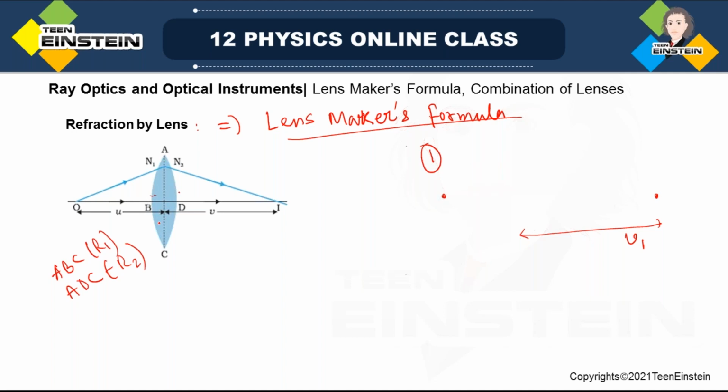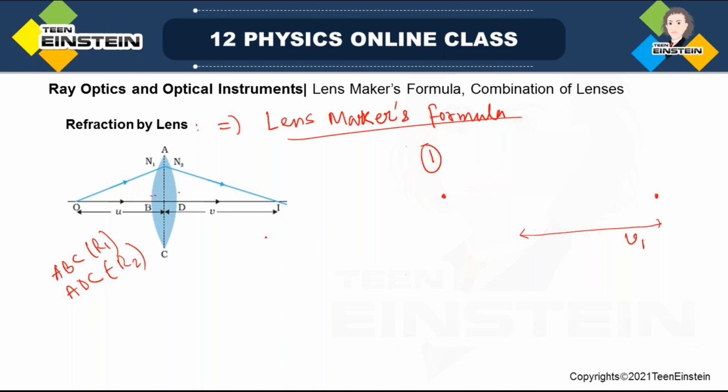Since there are two spherical surfaces, there will be refraction twice for a light. Suppose a light is going from point object O. It will refract at ABC first, and then it will refract at ADC also, and then the final image will be formed.